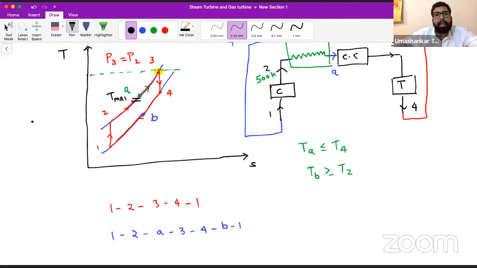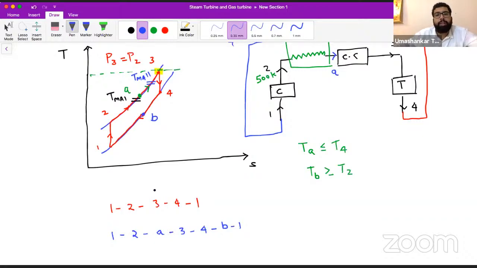And in the regeneration cycle, the heat addition is taking place between A and 3 in the combustion chamber. So the mean temperature of heat addition is increasing, as you can see with these marks.